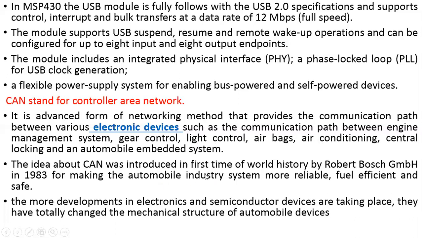Once CAN was implemented, it was first used for fuel efficiency and safety, and after that it was used across the whole automobile industry, bringing more developments in electronics and communication devices.